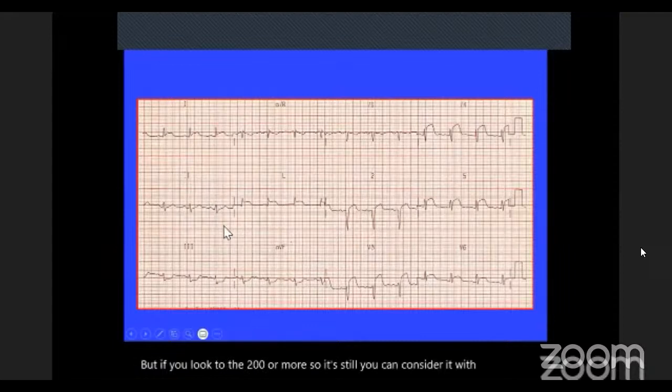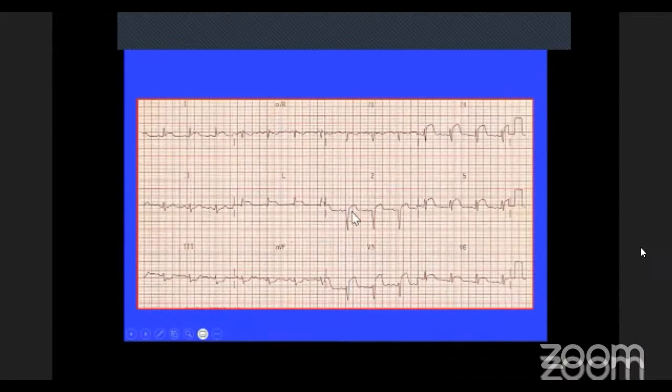All right, so normal axis, and then we have to comment on the ST elevation we have here in lead V1, no, not V1, V3. There's elevation in V2, V3, V4, V5 as well.